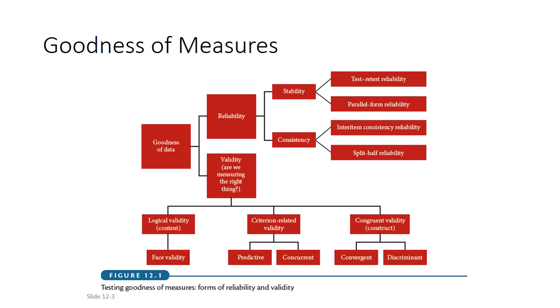Goodness of data is the term used for reliability and validity. So when you say my data has goodness, it means you have good reliability and validity. Okay. So what is reliability? Over here you see, as we have just discussed, not the definition, but the general understanding of reliability.